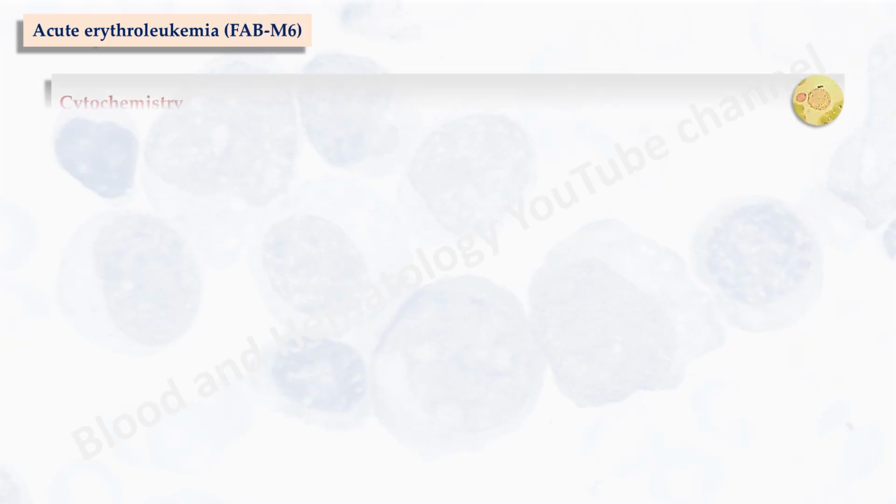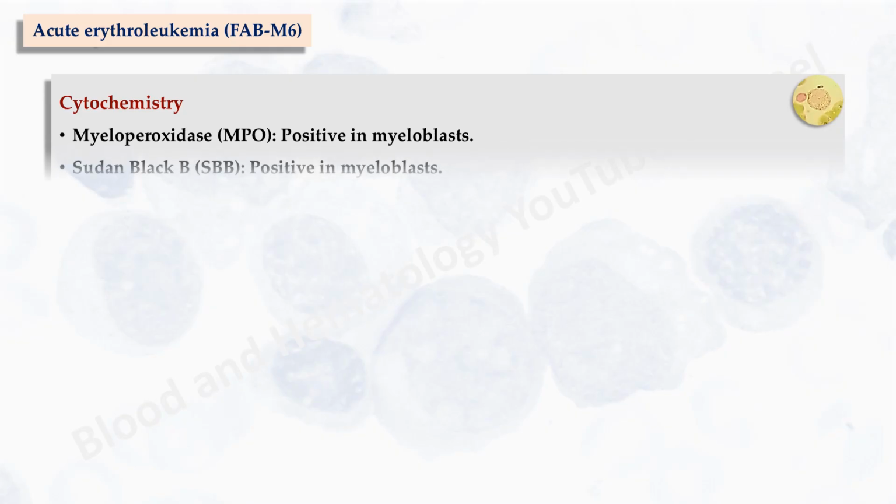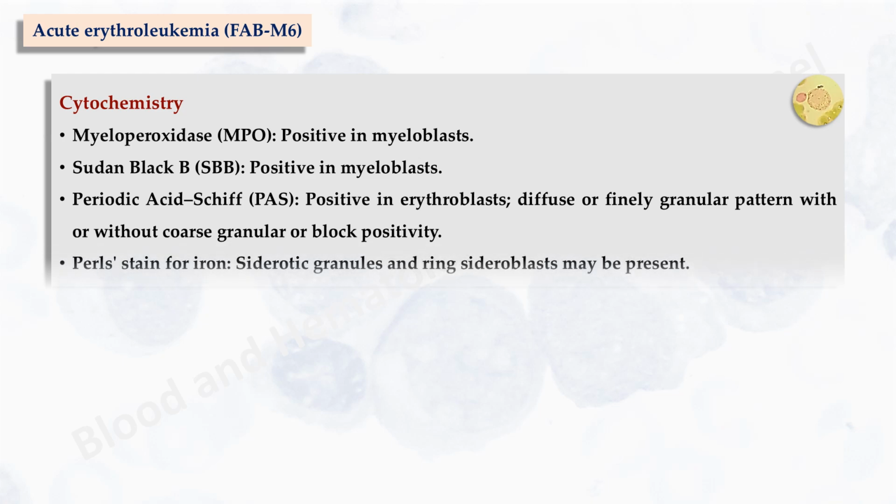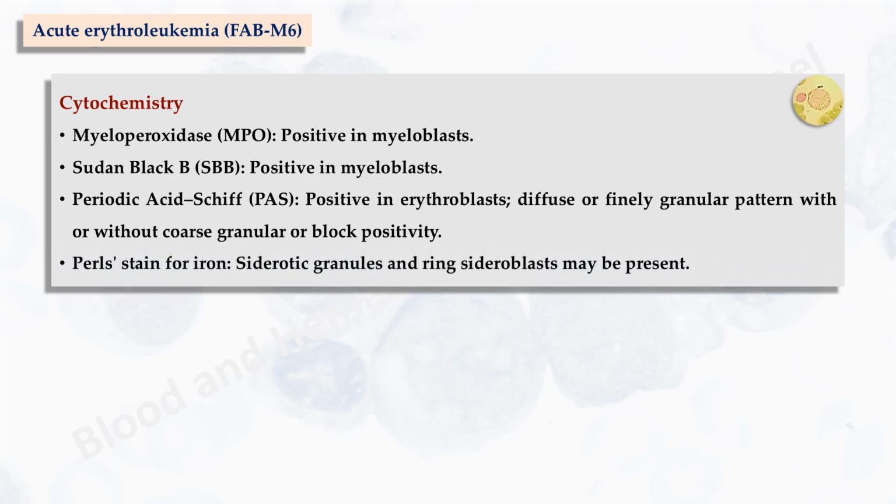In acute erythroleukemia, FAB M6, myeloperoxidase and Sudan black B stains are positive in myeloblasts. Erythroblasts are positive for periodic acid Schiff stain, showing a diffuse or finely granular pattern with or without coarse granular or block positivity. Erythroblasts with siderotic granules and ring sideroblasts may be present.